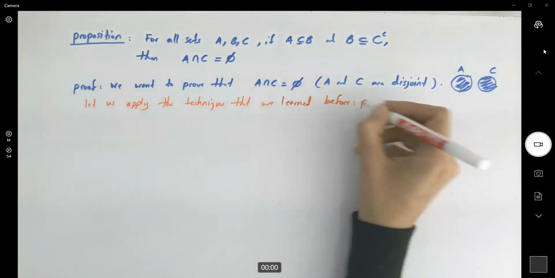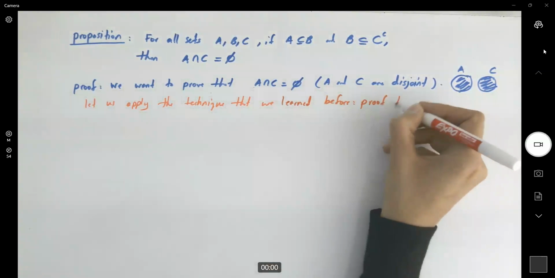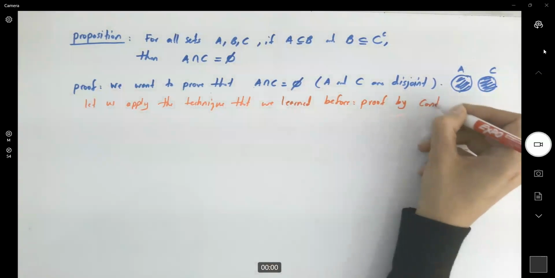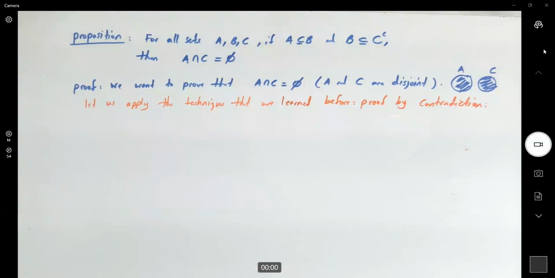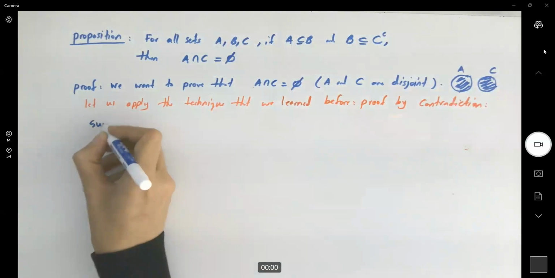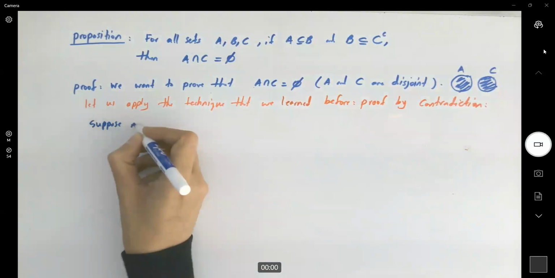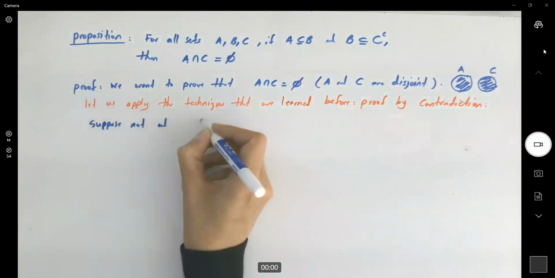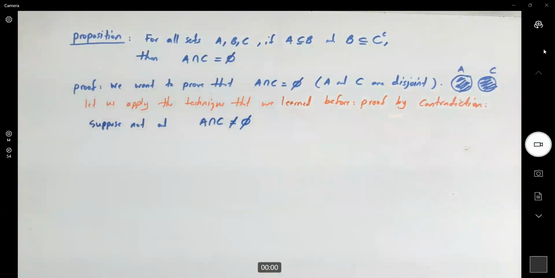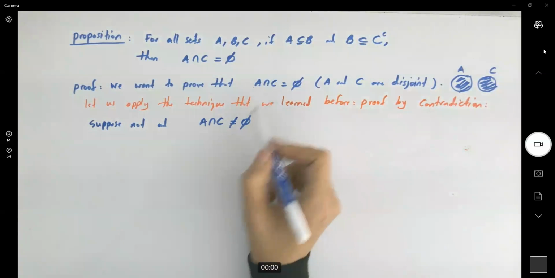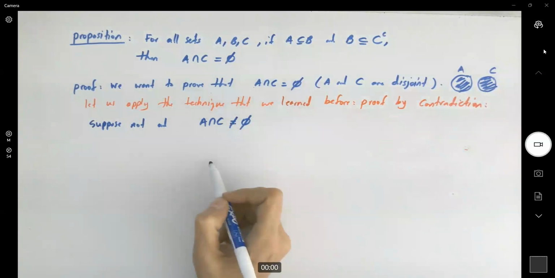Proof by contradiction. So suppose not, and A intersection C is not empty. So let's see. A intersection C is not empty.